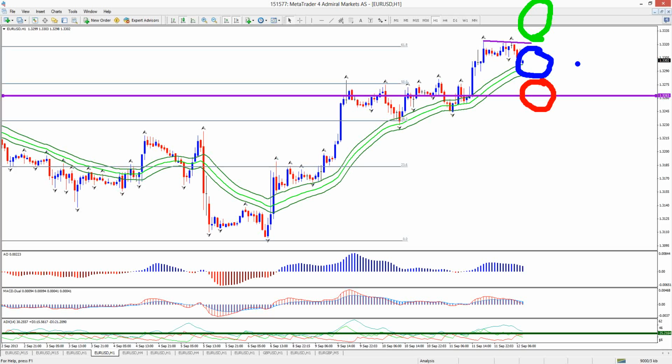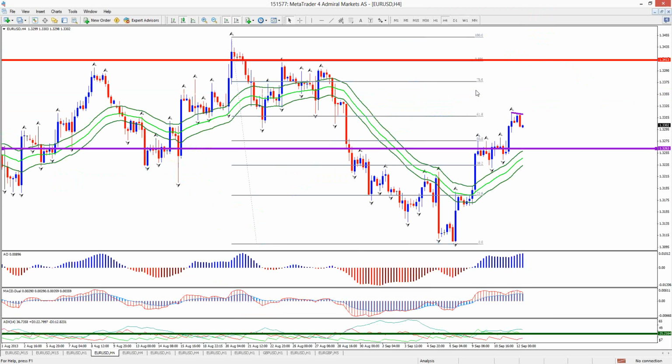For the immediate future, but you also know how I'm going to tackle this in the future as well, because if we do break down here and then make a retracement, we can hunt for shorts in here as well.